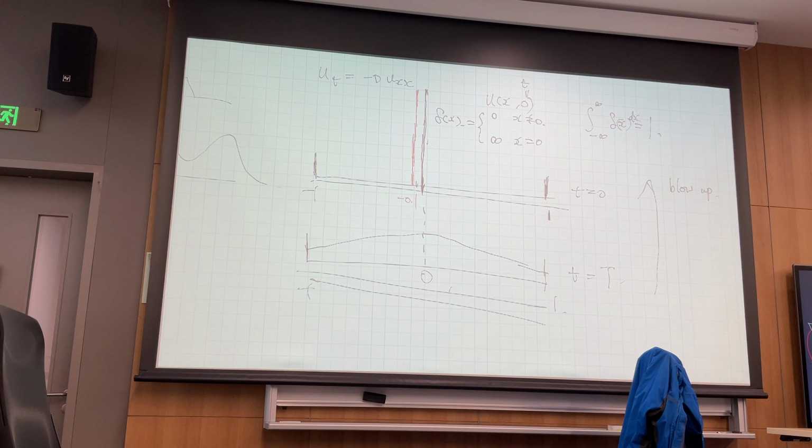This is actually a delta function, delta of x plus 0.1. So again, it is going to be infinity at negative 0.1, and 0 everywhere else.